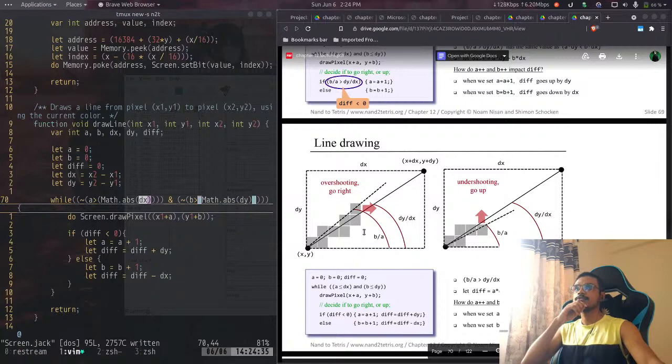How can I draw the slant lines? What if I get the absolute values of A and B as well?